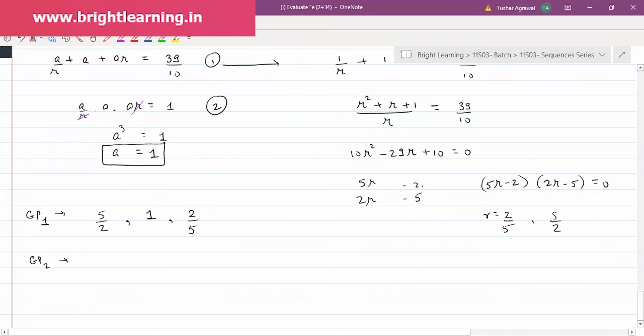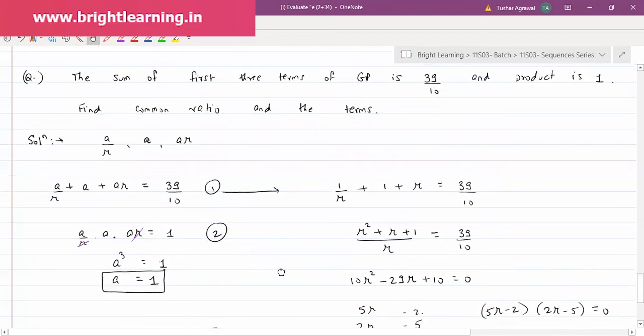So R is equal to 5 by 2. So middle term is 1. Next term will be 1 multiplied by 5 by 2. Division by 5 by 2 is actually 2 by 5. So actually they are the same thing. Both the geometric progressions are the same thing, whether you look in the forward direction or in the backward direction. Okay. Forward, backward GP, they are there.